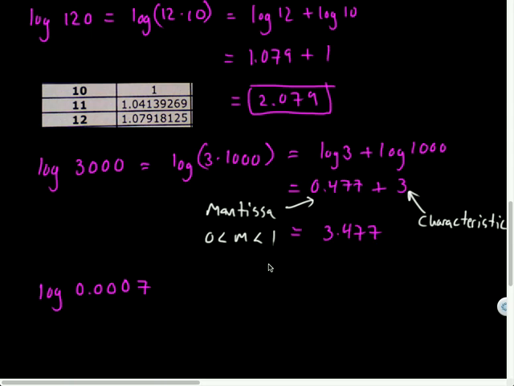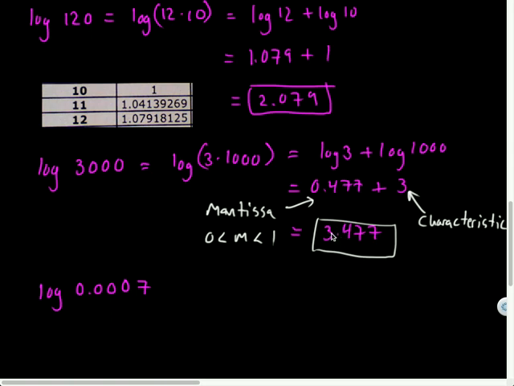So what about like 2.5? That's not a whole number, but it's greater than 1. What would it be called? Well, the Mantissa is a decimal that's less than 1.